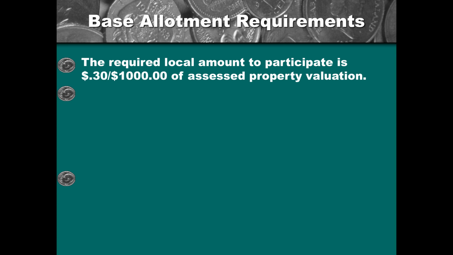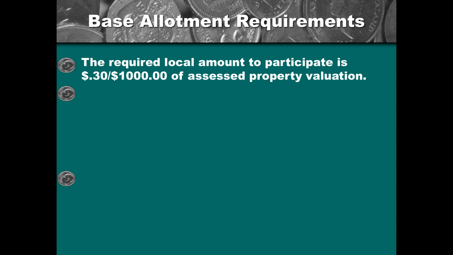So for the base allotment requirements, there is a required local participation. In other words, all local districts must assess at least 30 cents per $1,000 of assessed property. So when you get your tax bill, you see the value of your property as set by the local property valuation administrator.